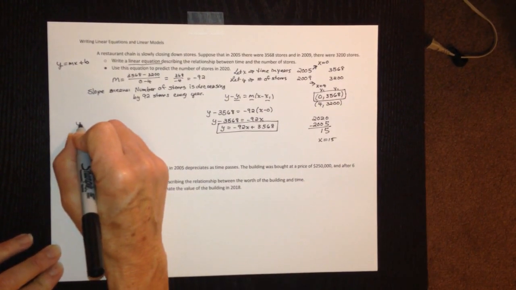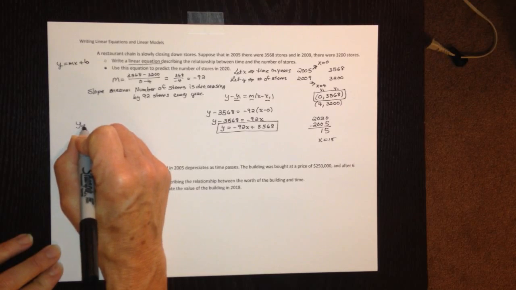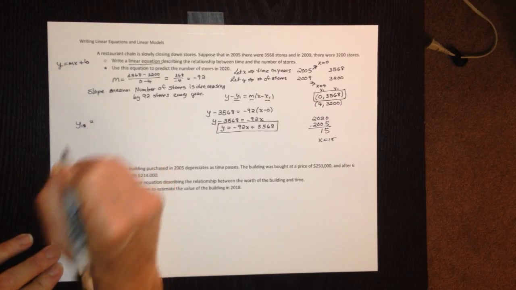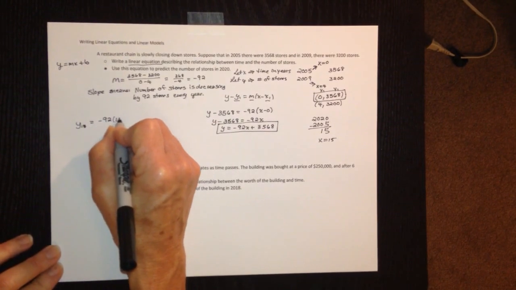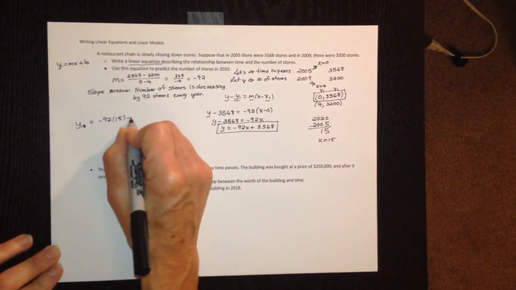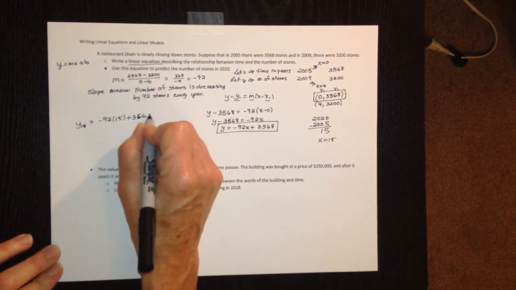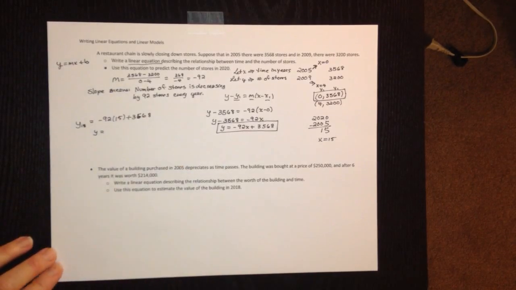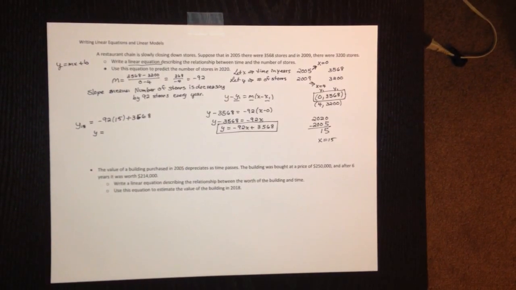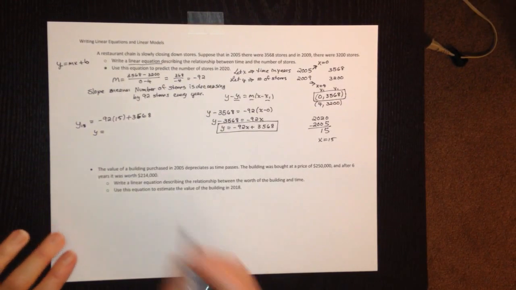So y sub 15 is what I want to write down, is equal to negative 92 times 15 plus 3,568. And so when I do this together, negative 92 times 15 plus 3,568, it's 2,188.